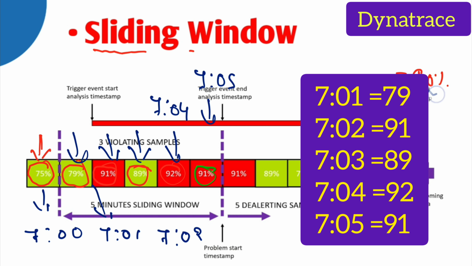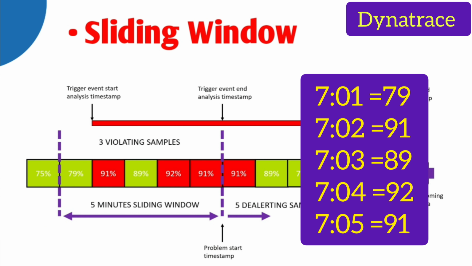Since we have set up the threshold value as 90, whatever value we get above 90 is a condition of violation. If you clearly observe the image, here it is not violated, here not violated, here also not violated. Apart from these three, in these particular values, 91% violated, 92 violated, 91 violated.